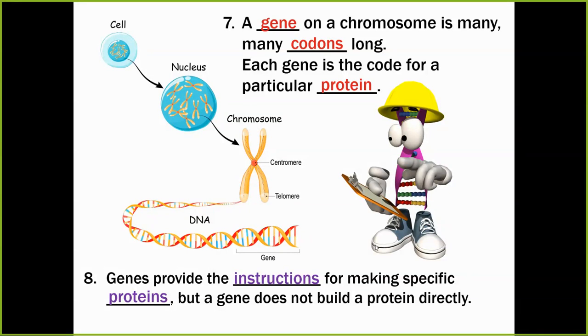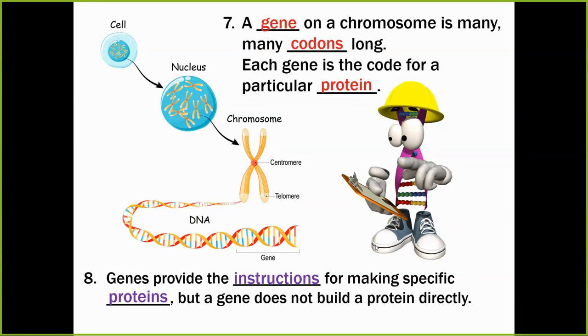No, I have to make the cake. Does that book make the lasagna? No. All I'm doing is reading it to make the lasagna. That is how your DNA works. Those genes simply provide the instructions for making the protein, but they don't build the protein directly.